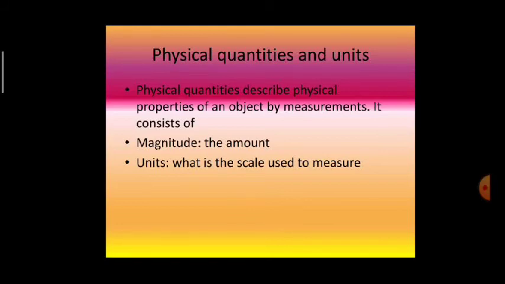For example, a value and a unit are used to express the magnitude of a physical quantity. For example, Swarali walks 2 kilometers every day. In this example, 2 is the value and kilometer is the unit, and together they express the magnitude of the distance, which is a physical quantity.